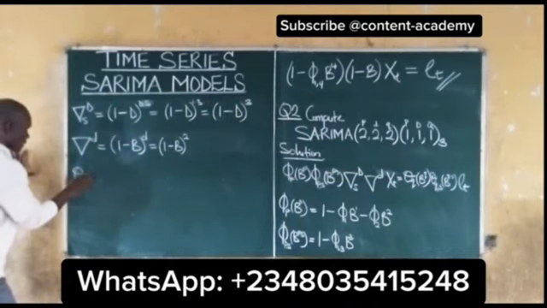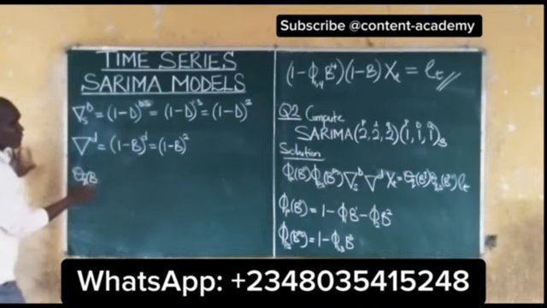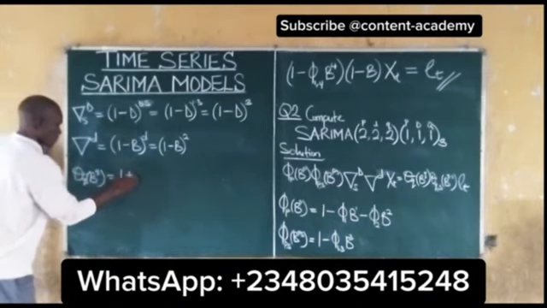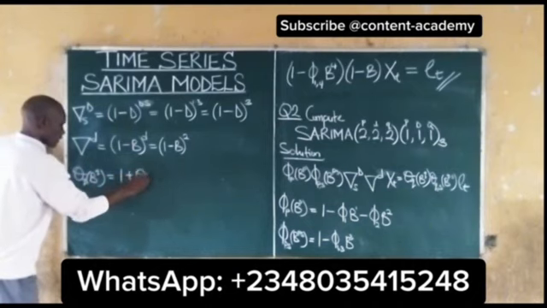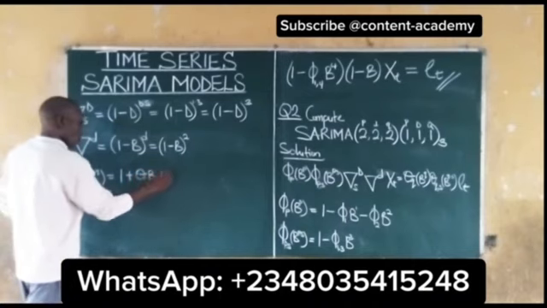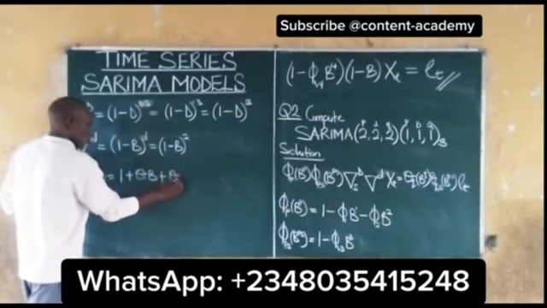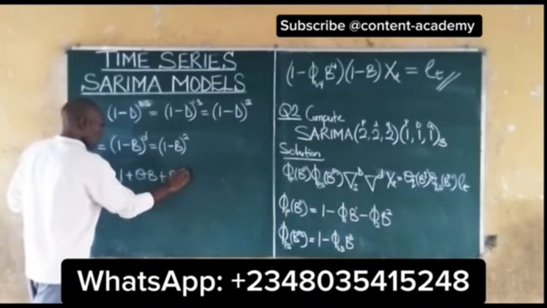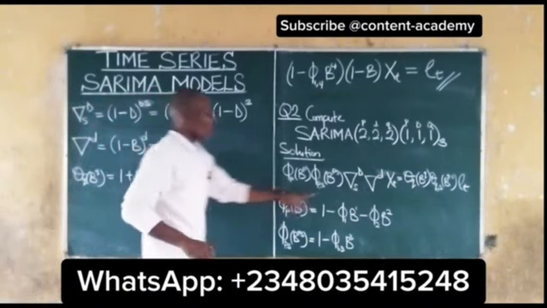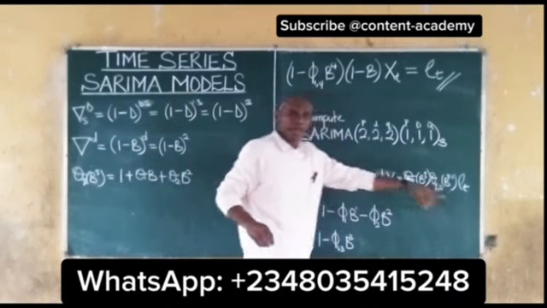theta q, then B raised to the power of q is equal to 1 plus theta 1 B plus theta 2 B2. That's for that. Also, we have the moving average, the seasonal part.